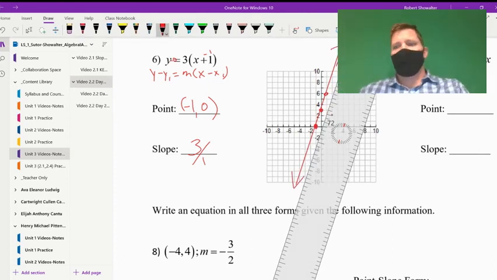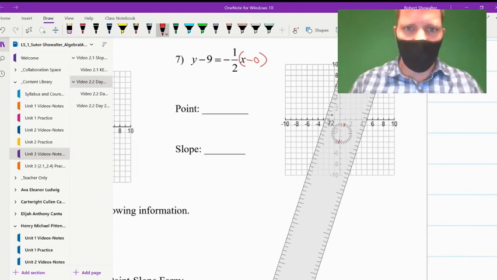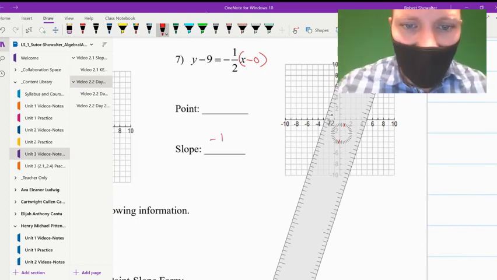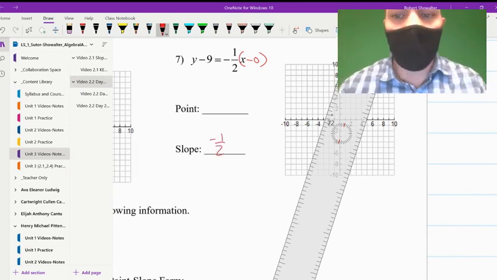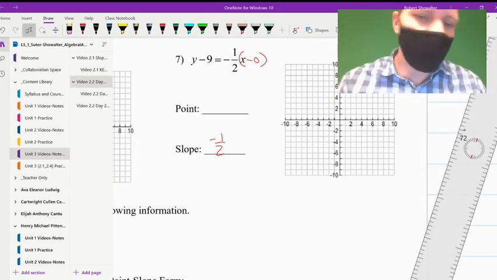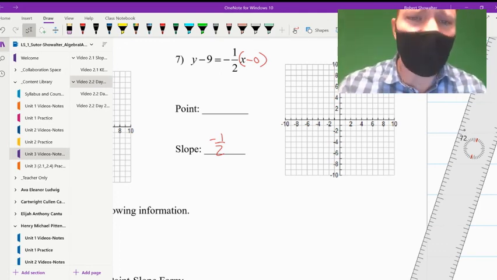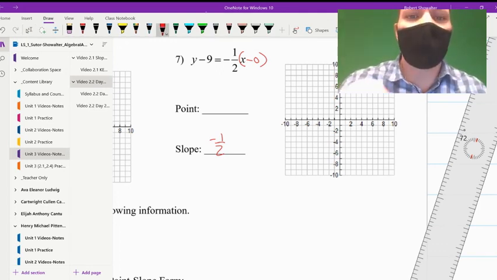All right, let's go to the next one. One more. Now we can drop in a parenthesis there, -0, to help us read it if you would like. Okay, slope -1/2. I like to put the negatives on the numerator because I always go up and down or to the right. I don't go to the left unless I run out of space on the graph. Anyways, 0, 9 would be the point.